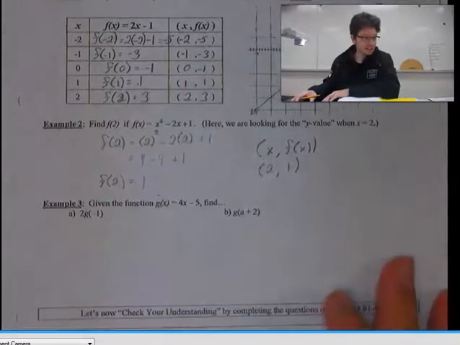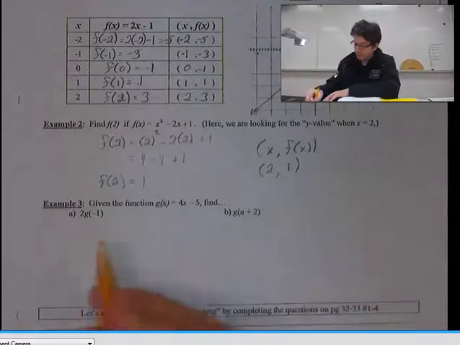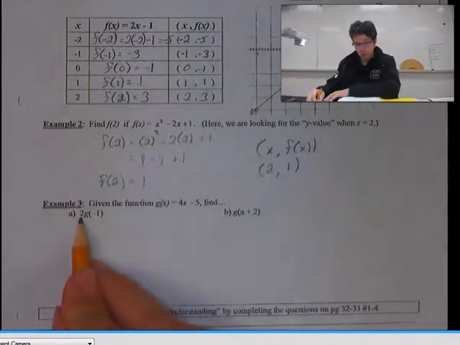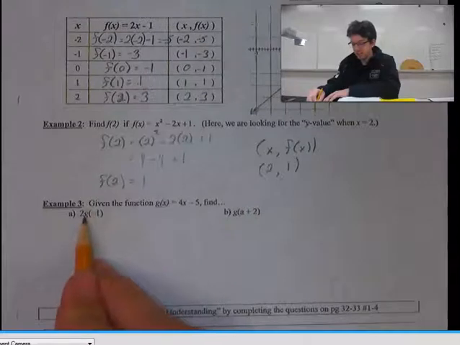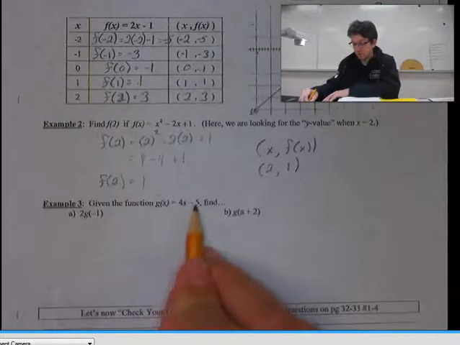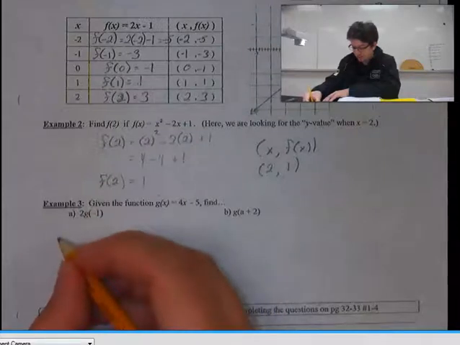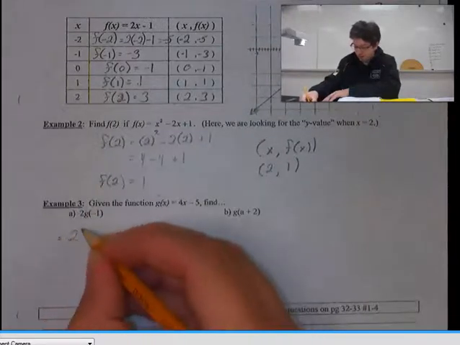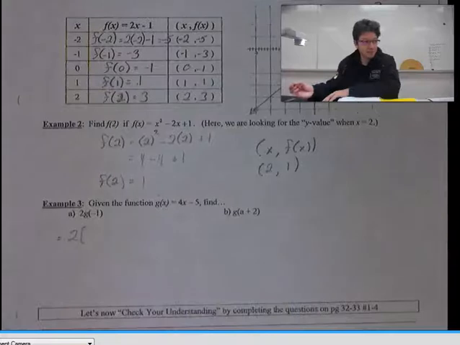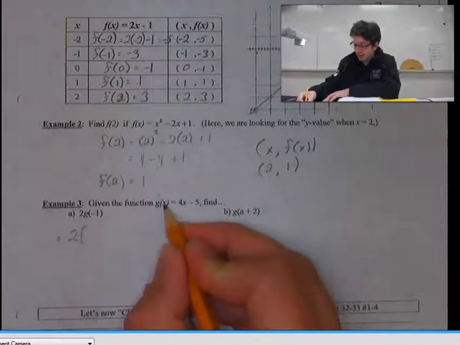Now the next example gets a little bit trickier. First, we're going to do 2 times the function g at minus 1, where our function g at x is 4x minus 5. In this case, let's not worry about the 2 just yet. Let's just leave it out there, and we're going to throw in some brackets. Now we substitute minus 1 in for x into our function g of x.